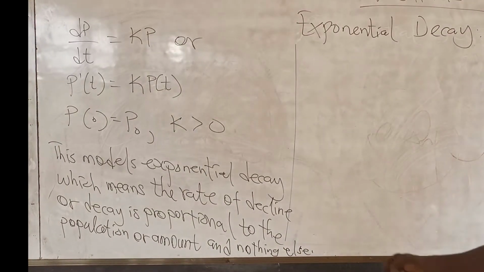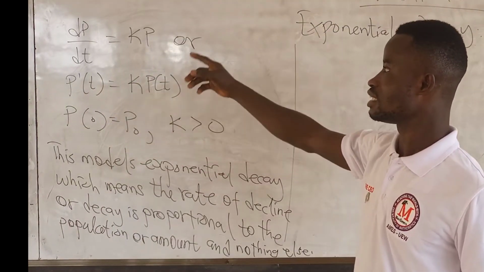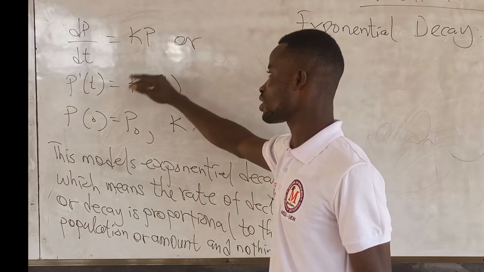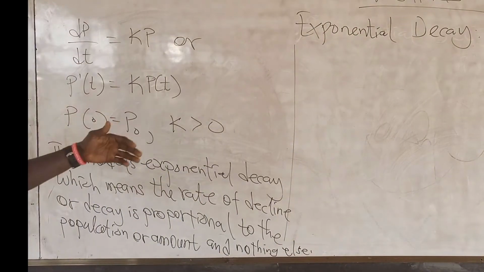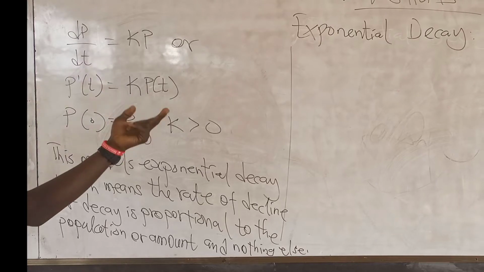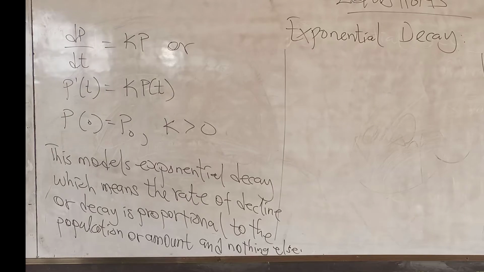Very good. So now we have dP over dt. dP/dt is equal to kP, or this can be written as this. Now this is the rate at which population will increase with respect to time. That is what it means. And this is the same as this. Very good.